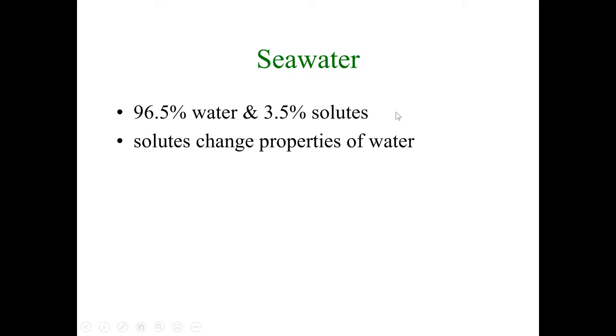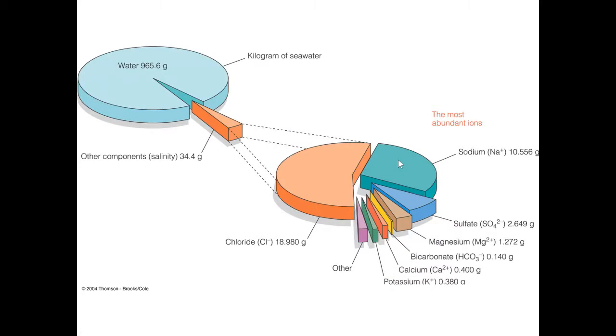Those solutes, most predominantly, are sodium and chloride, which is what makes it seawater or salt water. But they're not exclusively just sodium and chloride. All of the solutes are 3.5%. These solutes, when added to the water, very important, change the property of the water. If they change the property of the water, they can change the freezing point, the boiling point, the density, etc. So here's that pie chart I was talking about.